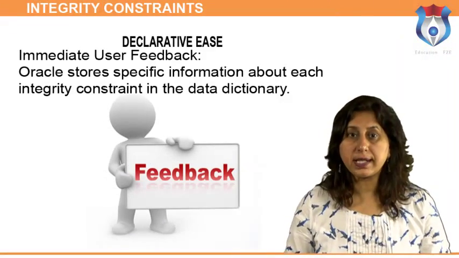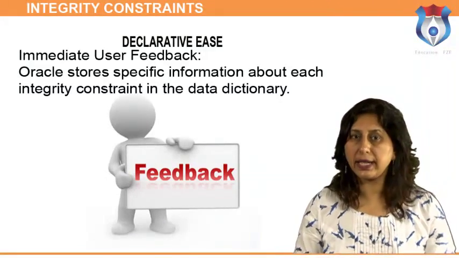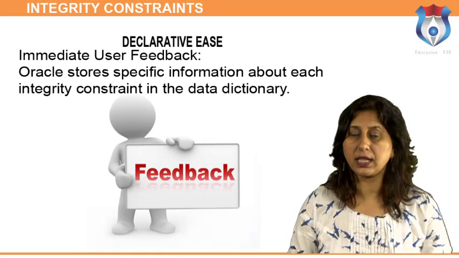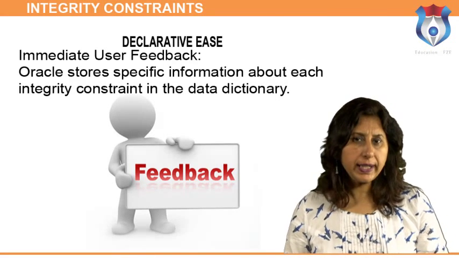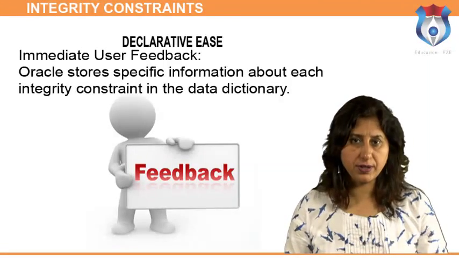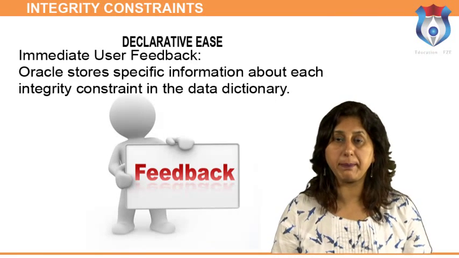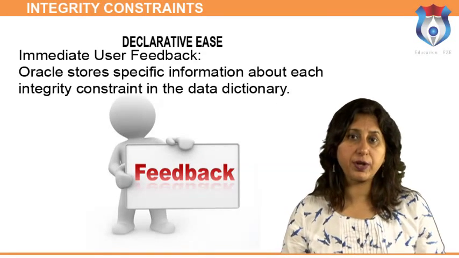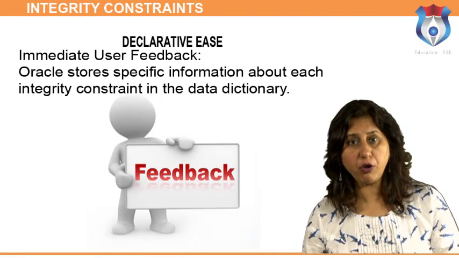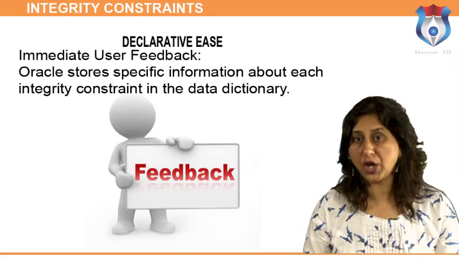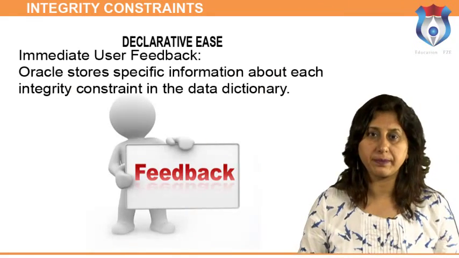Oracle stores specific information about each integrity constraint in the data dictionary. We can design database applications to use this information to provide immediate user feedback about integrity constraint violations even before Oracle executes and checks the SQL statement.